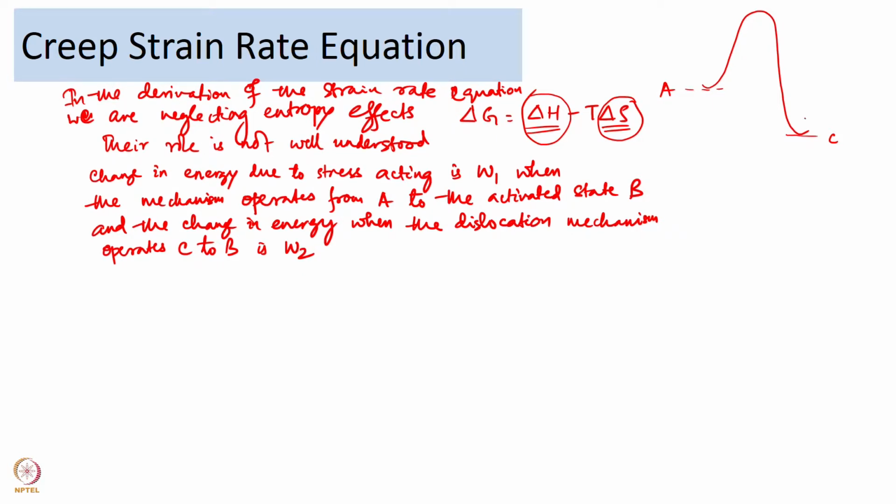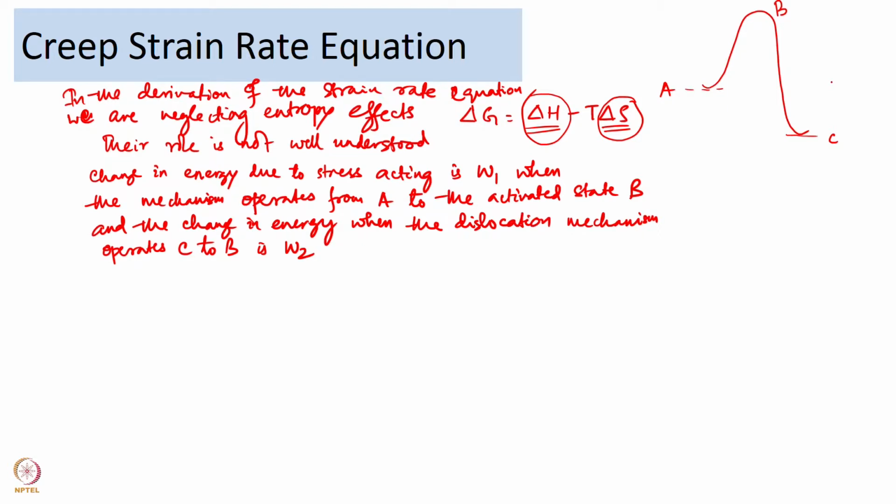The moment the dislocation climbs up the hill from A to B, it is going to easily go down to C, because of the law of thermodynamics. It is going down the energy barrier, so it is going to be easy.